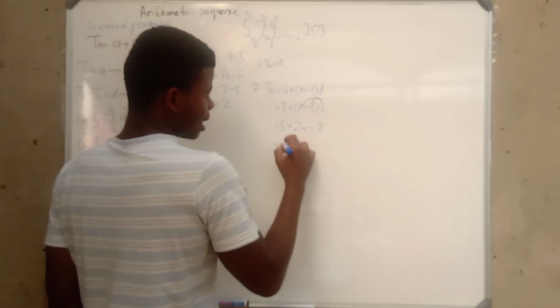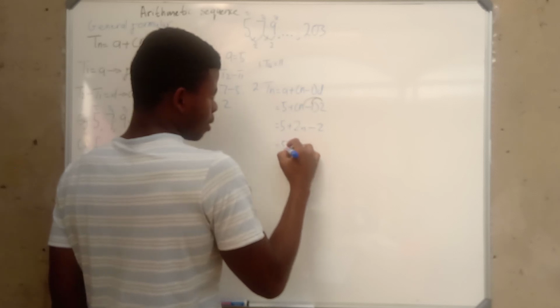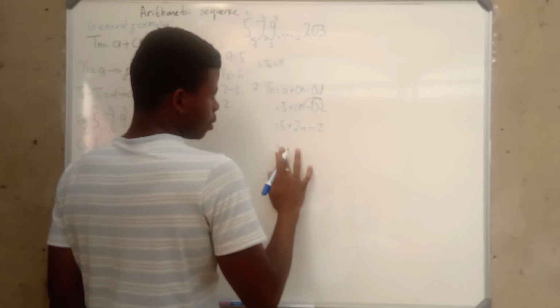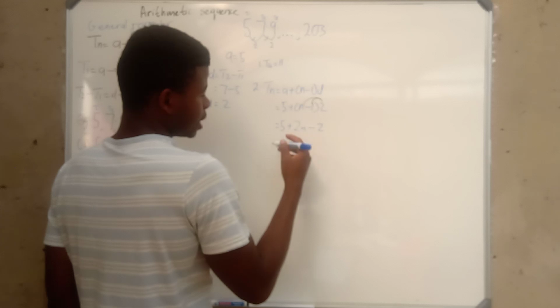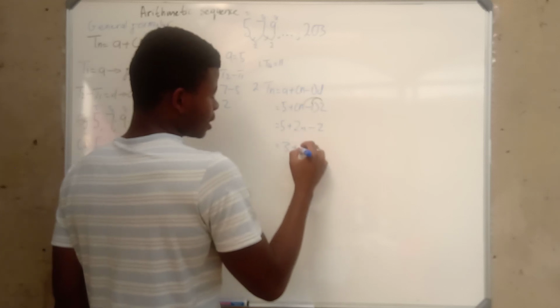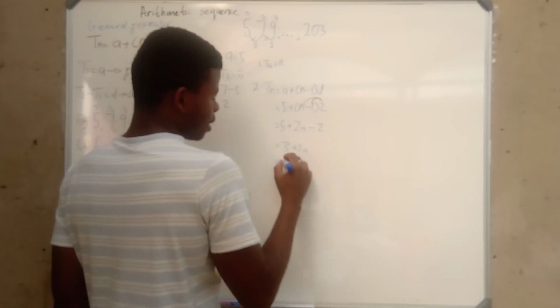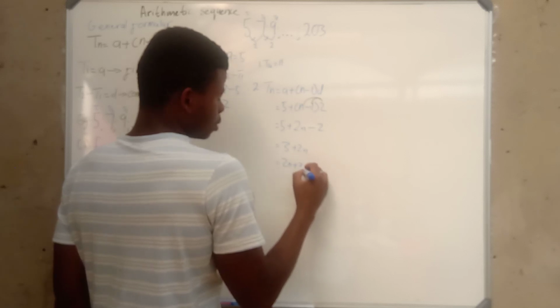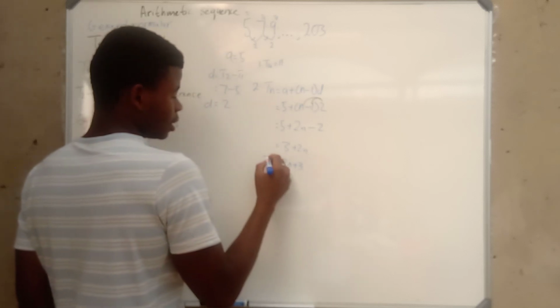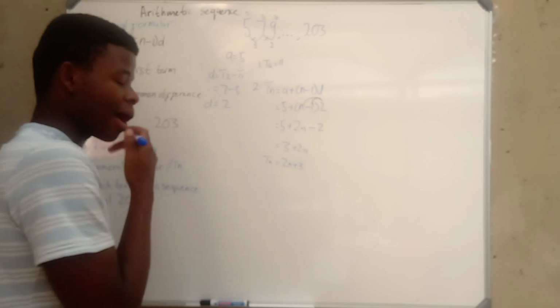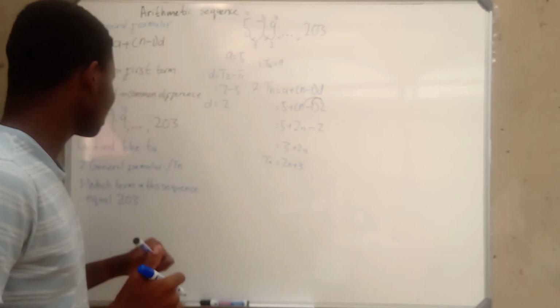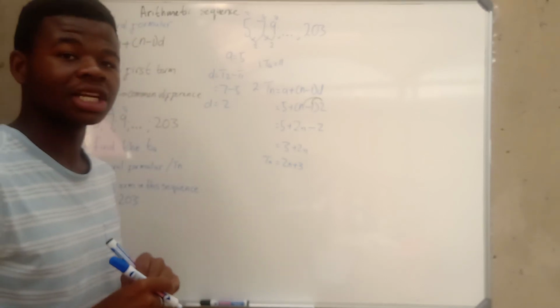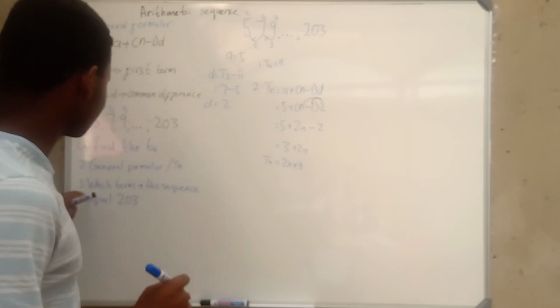Then 5 minus 2 is going to be 3, plus 2n. And then our general formula is going to be 2n + 3. That is our Tn. So now we are done with our general formula. Let's do the last question.